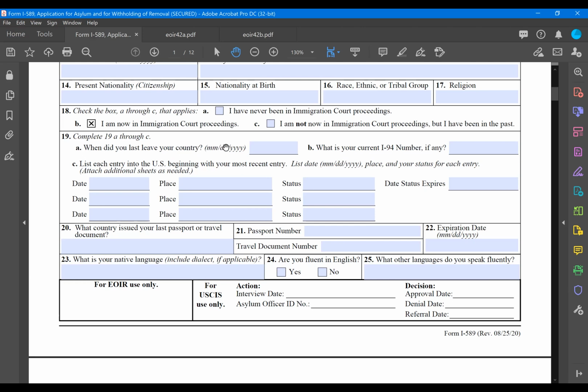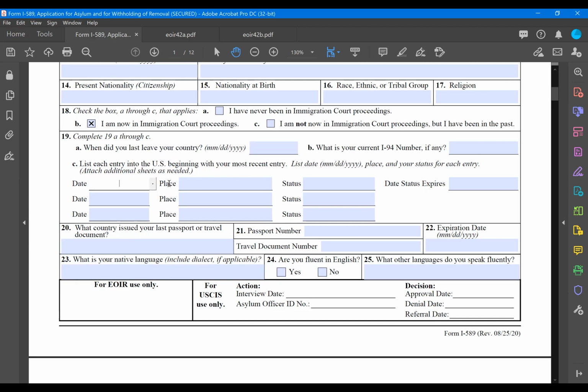It's easy to get these dates mixed up. I've seen it done. A is, when did you last leave your country? C is asking for each entry into the US beginning with your most recent. So this date here would be, when did you last enter the United States? Sometimes these will be the same date.